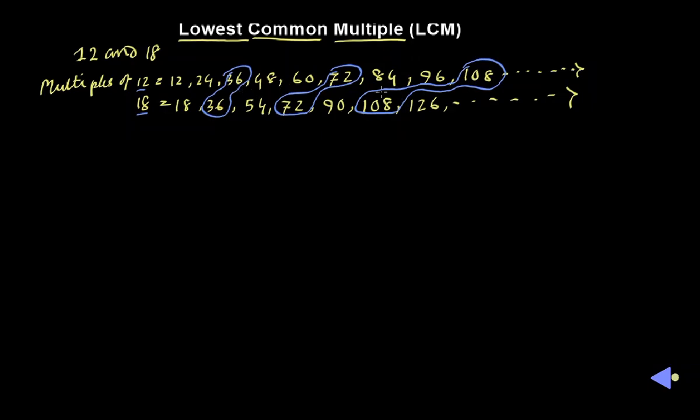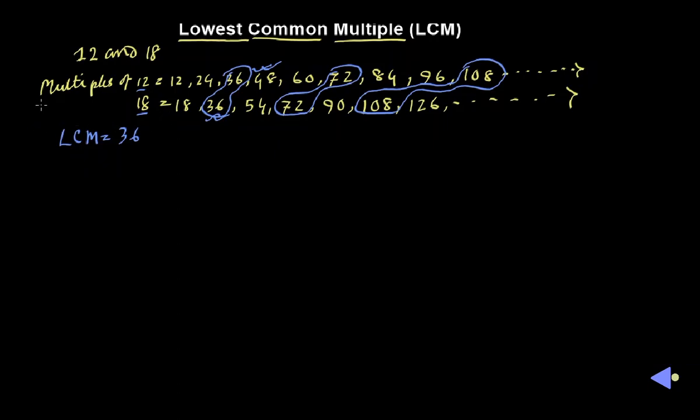We have three common multiples: 36, 72 and 108. Out of these three, 36 is the lowest because it is the smallest one. So LCM is equal to 36.